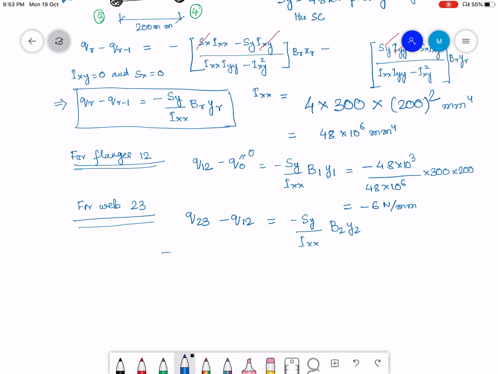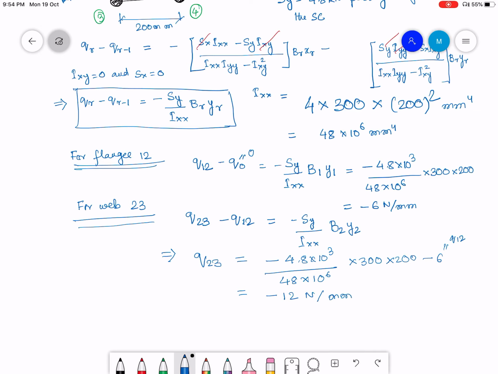Therefore Q23 is going to be minus 4.8 into 10 to the power 3 into 300 into 200, and minus 6. This is equal to Q12, right? So this is going to come as minus 12 Newton per millimeter.